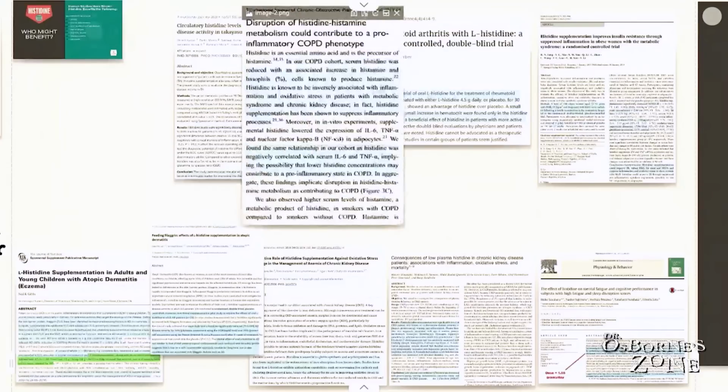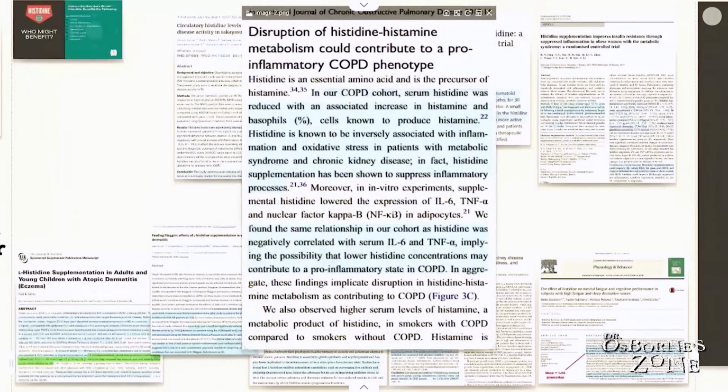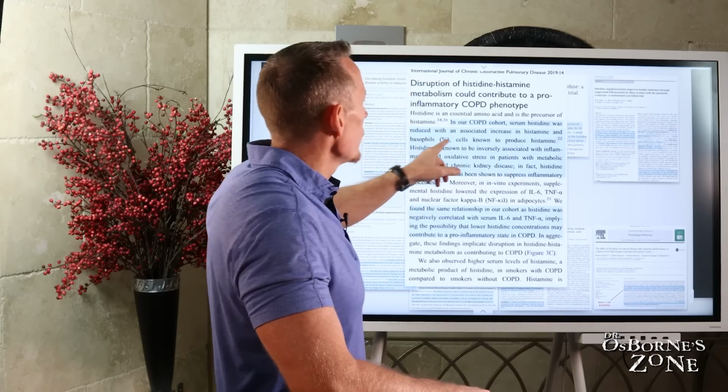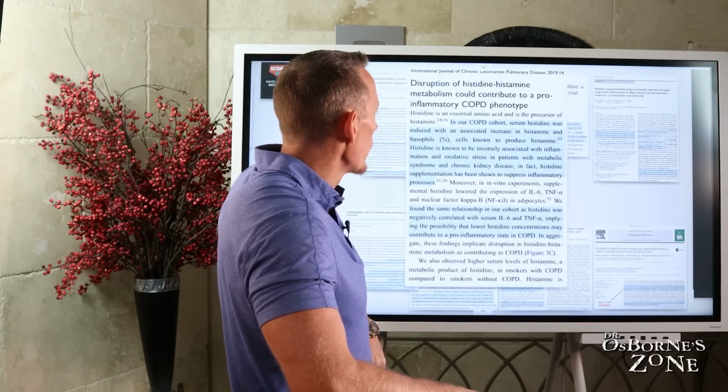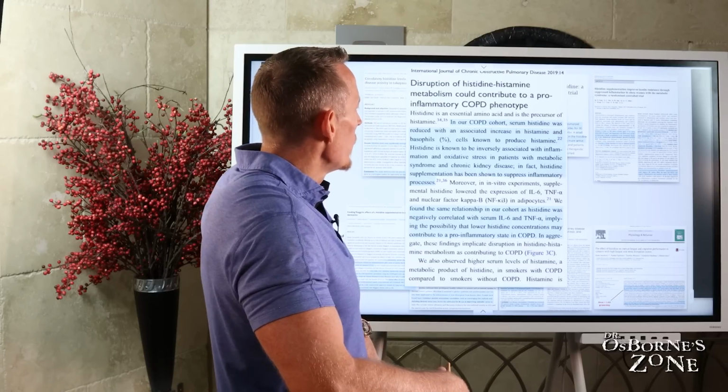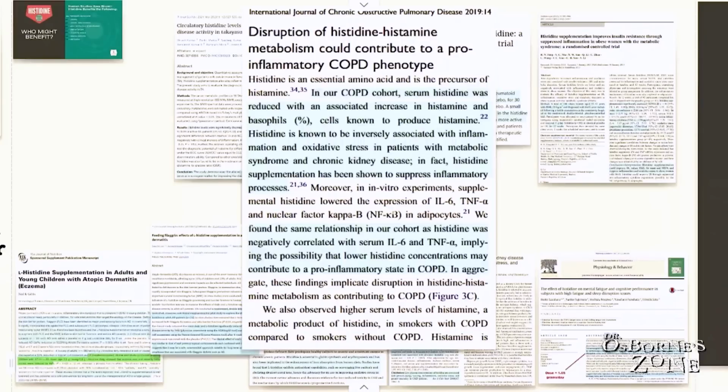This first study is on COPD. This was a trial published in the International Journal of Chronic Obstructive Pulmonary Disease. In our COPD cohort, meaning chronic obstructive pulmonary disease, so this is asthma, bronchitis, etc., serum histidine was reduced with an associated increase in histamine and basophils, which means more mast cells and more histamine production.